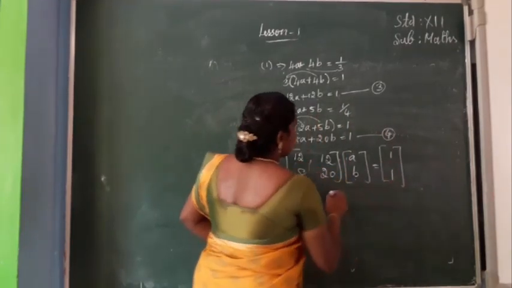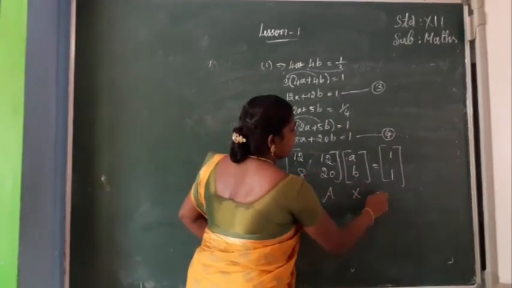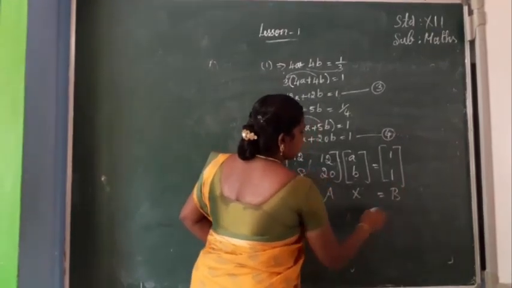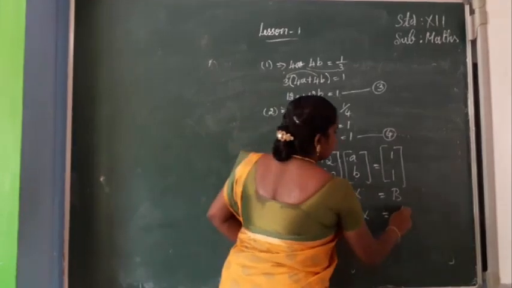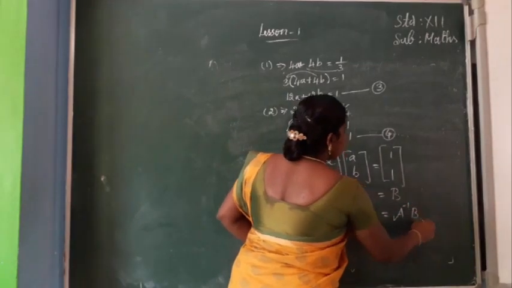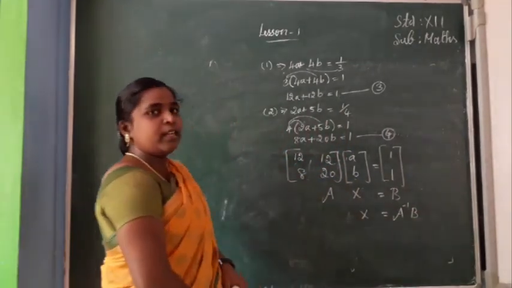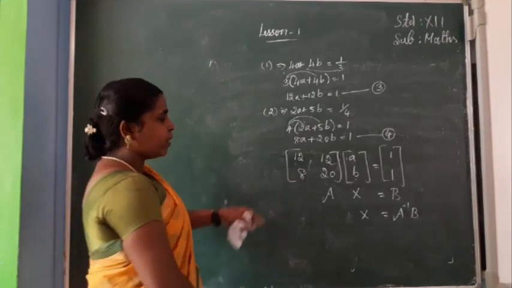This is AX equal to B, which implies X equal to A inverse B. This is the solution.